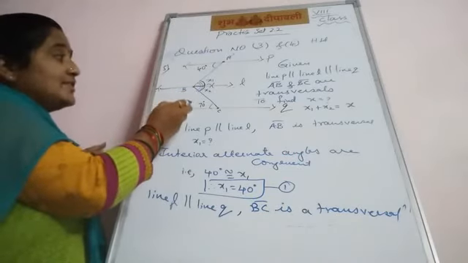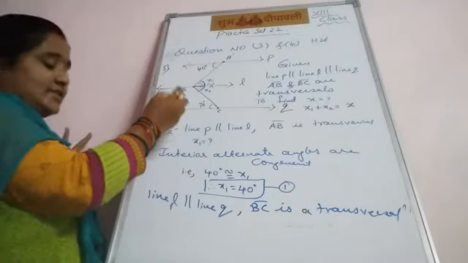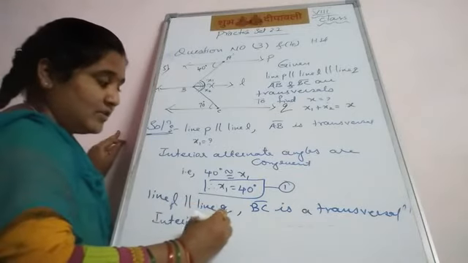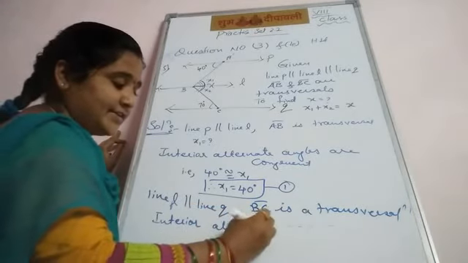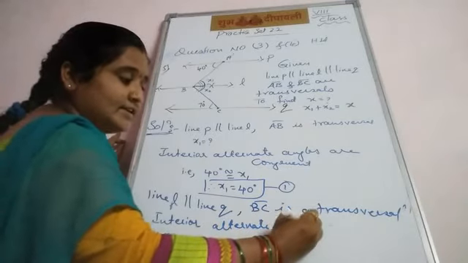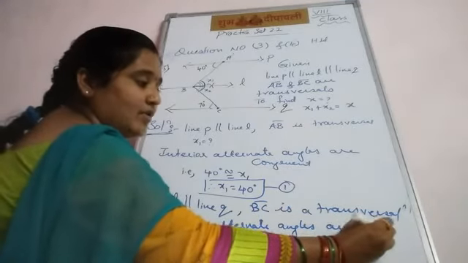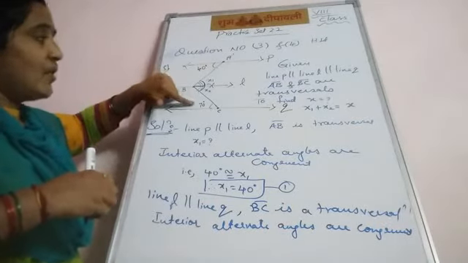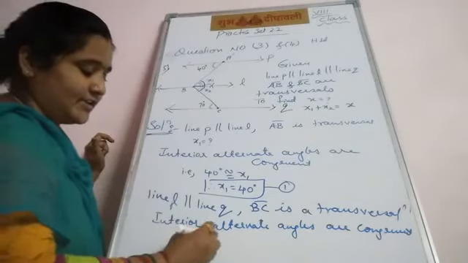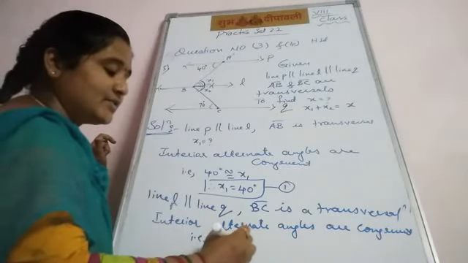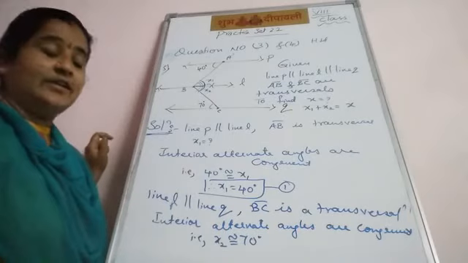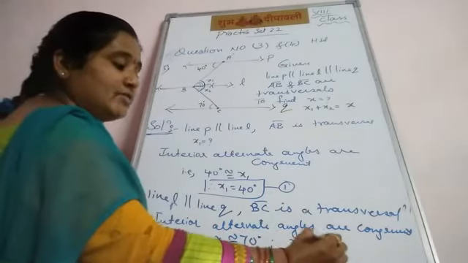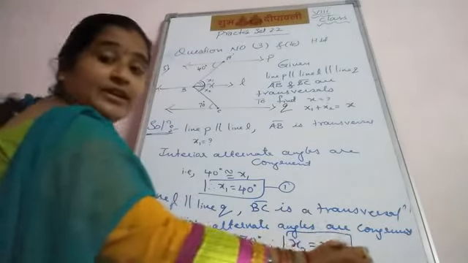That means alternate interior angles. Alternate interior angles are congruent. That is, x2 is congruent to 70 degrees. Congruent means equal. x2 equals 70 degrees.